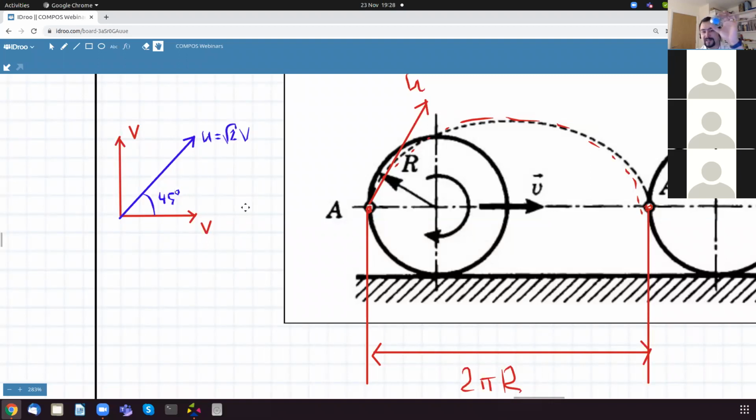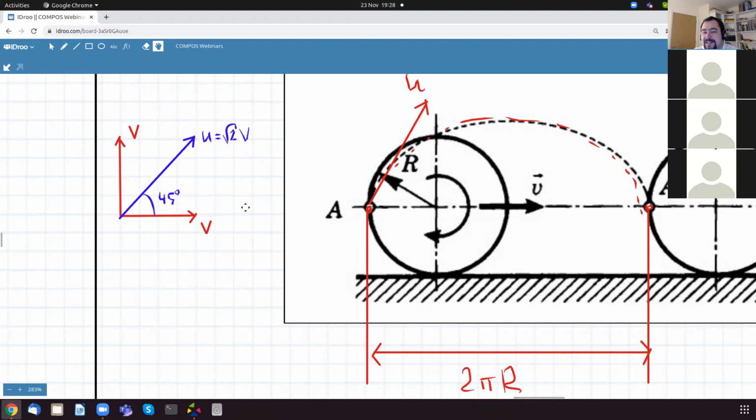So the wheel is moving sideways, but all the points are moving clockwise. So at point A, the horizontal velocity is only due to the movement of the wheel, because if the wheel was spinning on its spot, point A would have only vertical velocity.